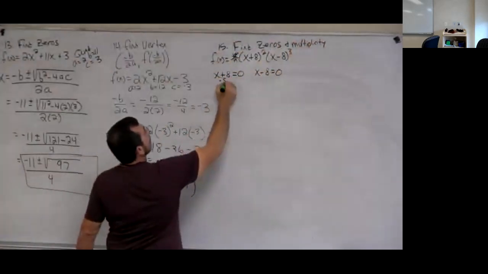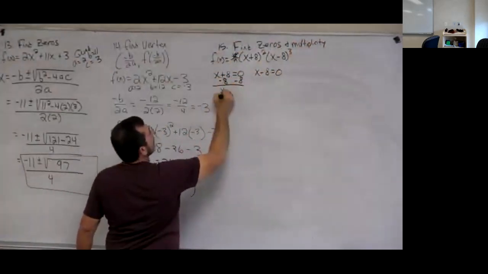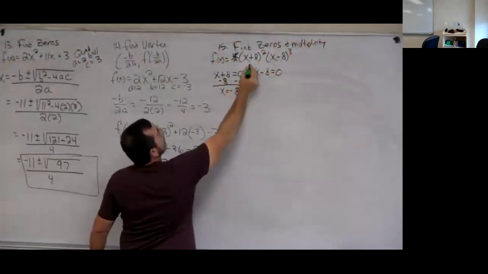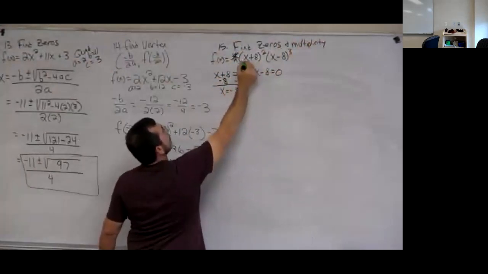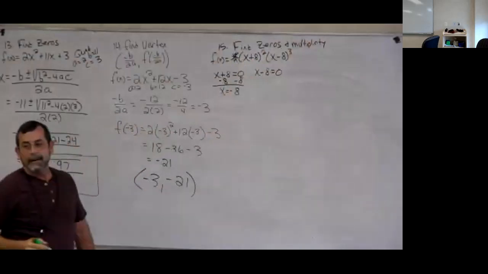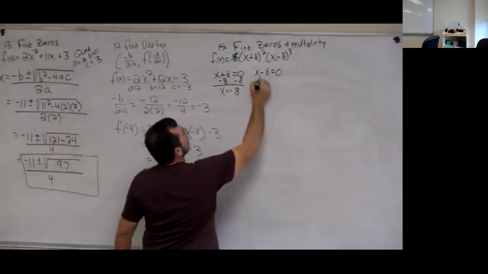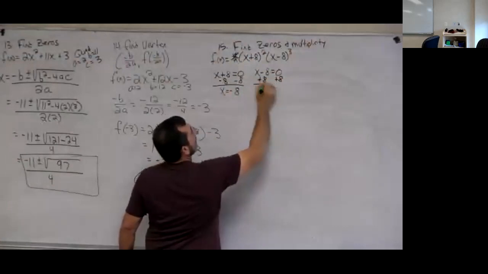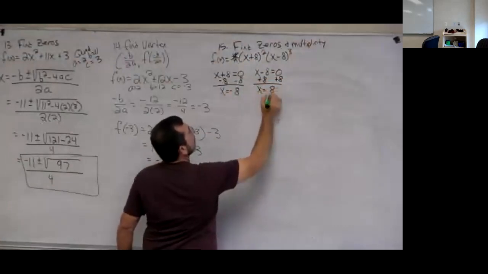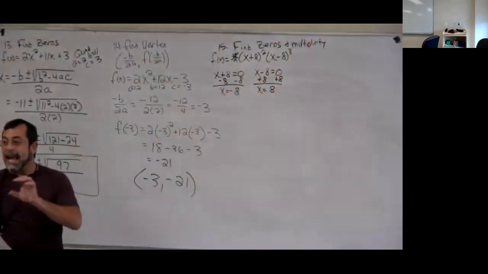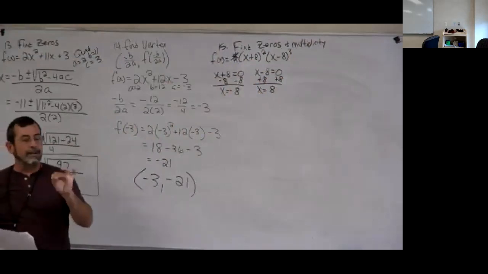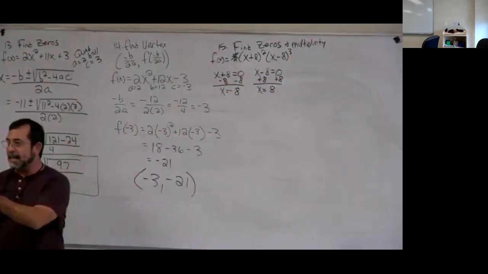First, I'll subtract 8. I get x is negative 8. So if you put a negative 8 here, that gives me a 0. On the second one, I'm going to add 8. So I get x is positive 8. So remember, the actual zeros are always opposite in sign than those factors.